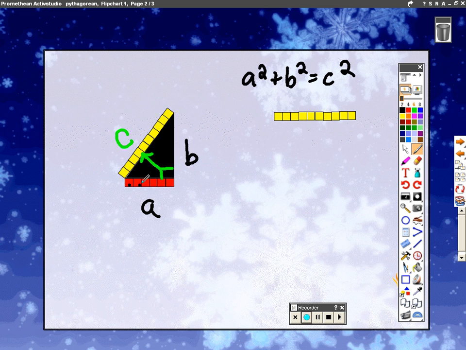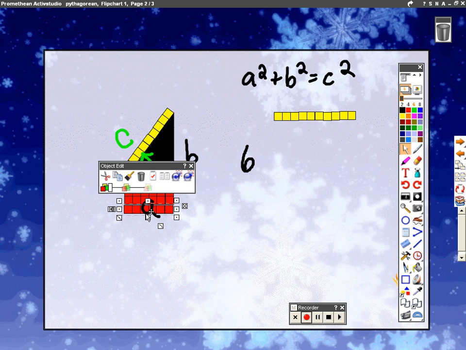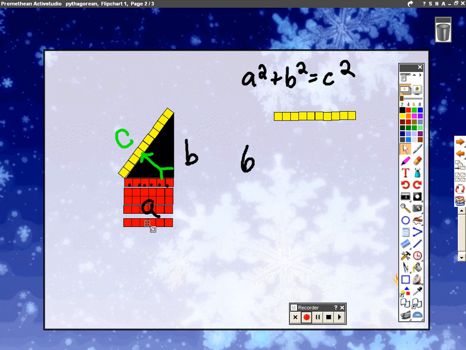So 1, 2, 3, 4, 5, 6. 6. Okay, when I built my square, though, I would have to copy this. So there. It's 1 row, 2 rows, 3 rows, 4 rows, 5 rows, and 6 rows. If I count up the squares, it's a 6 by 6, so 6 squared is 36.